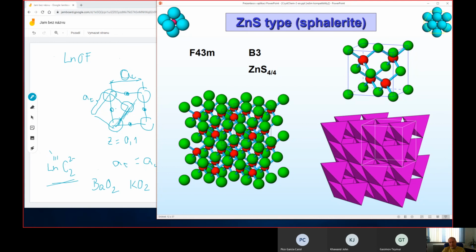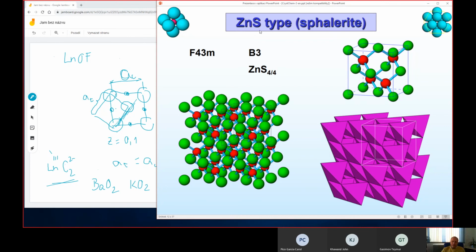Tetrahedral arrangement. Now also this atom, the green atoms, are also tetrahedrally coordinated. And if we unify these 2 atoms, or if we consider a single type of atom here and here, we would obtain a diamond structure, which is present in diamond, the high pressure form of carbon, but also in silicon, for instance.